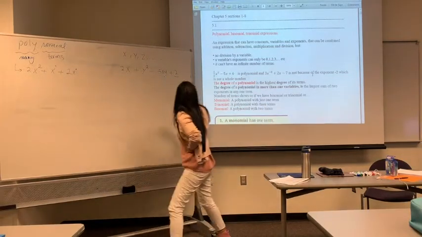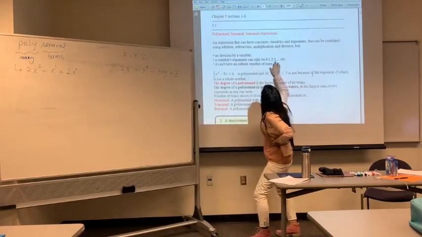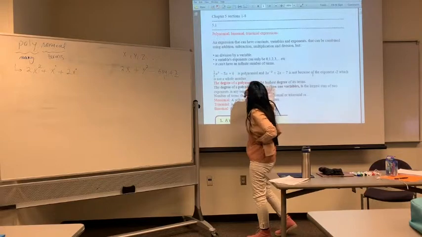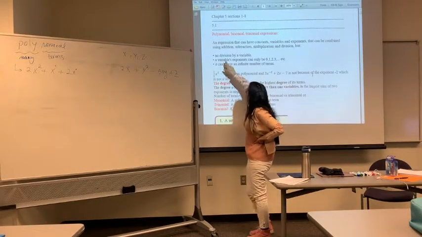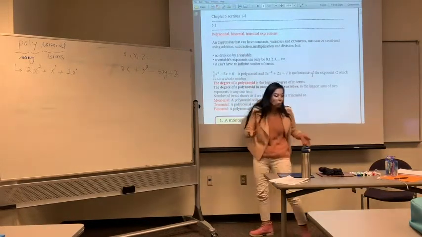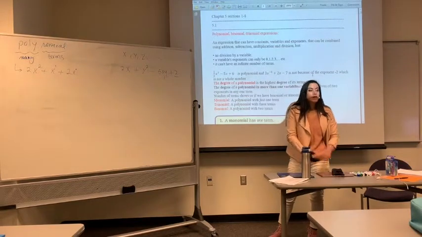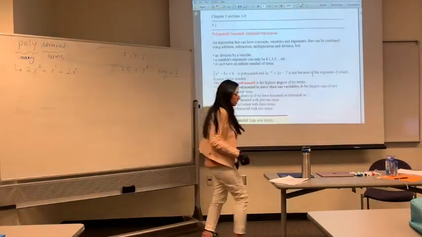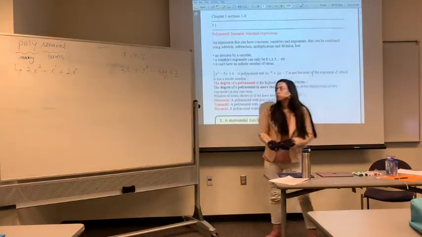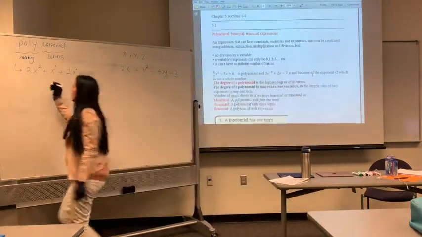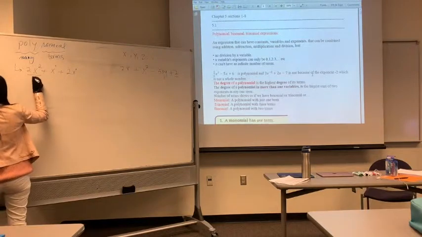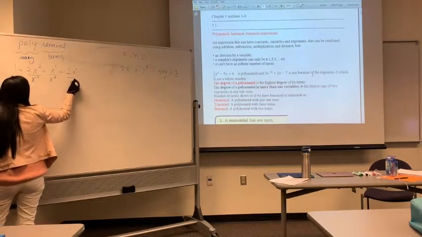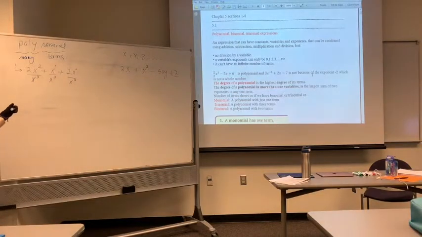Okay, so as you see, it says the exponent should be 0 to infinity, all the positive integer. It says no division by variable. Why? Because let's say I'm dividing each of these terms by x power 3. So when it says division, it means something like this.